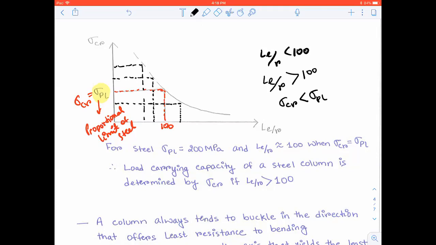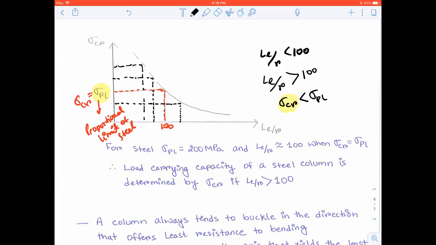That means if your column is long enough, slender enough, if the slenderness ratio is high, then your failure is dictated by the critical stress, because you are going to reach critical stress before you reach the yielding criteria.